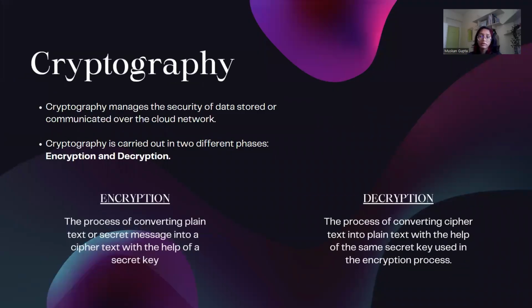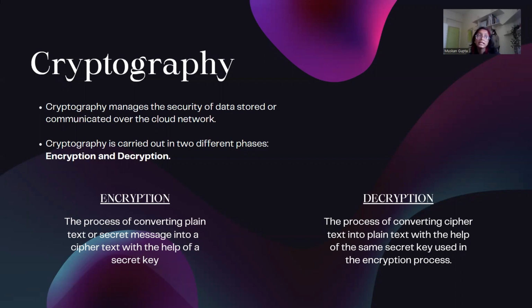Now I'll talk about cryptography. Cryptography manages the security of data stored or communicated over the cloud network. Cryptography in the cloud uses encryption methods to secure data from unauthorized access.